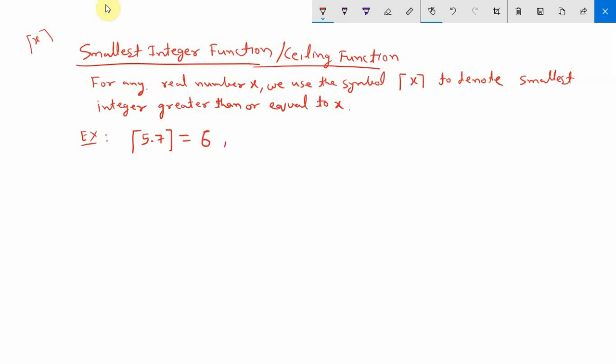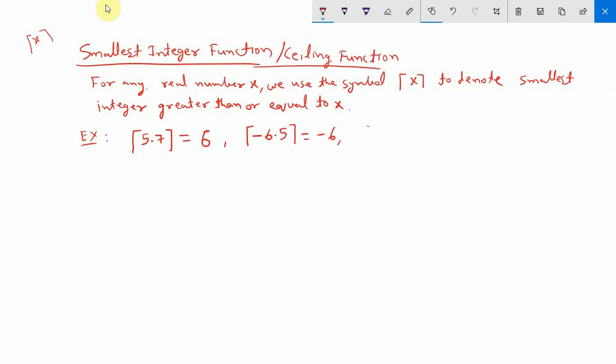Next, if we consider a negative number like minus 6.5, the integer greater than minus 6.5 will be minus 6.